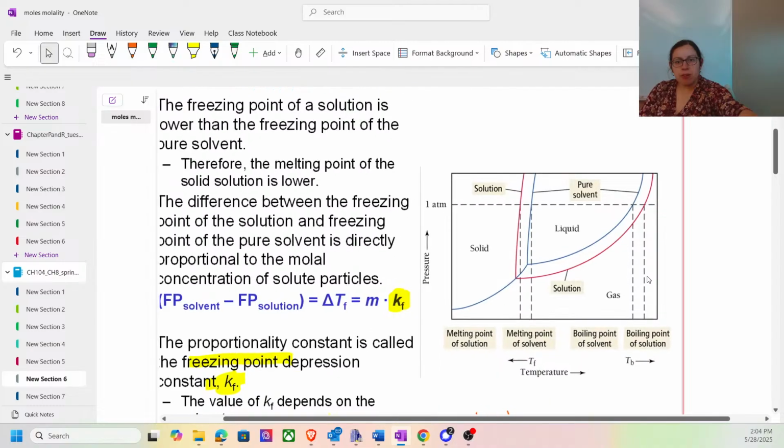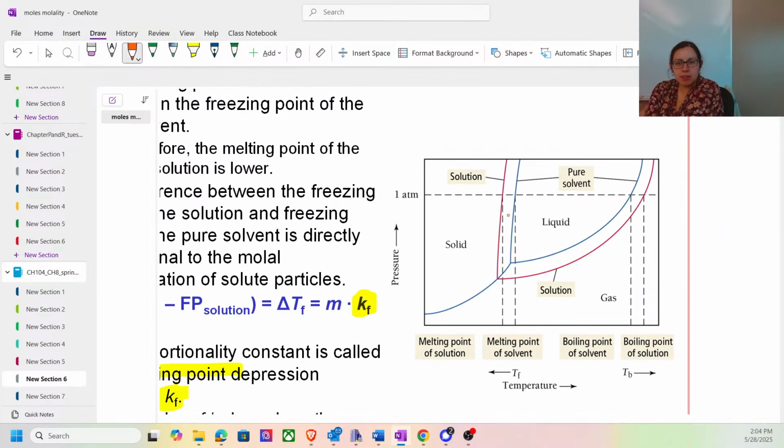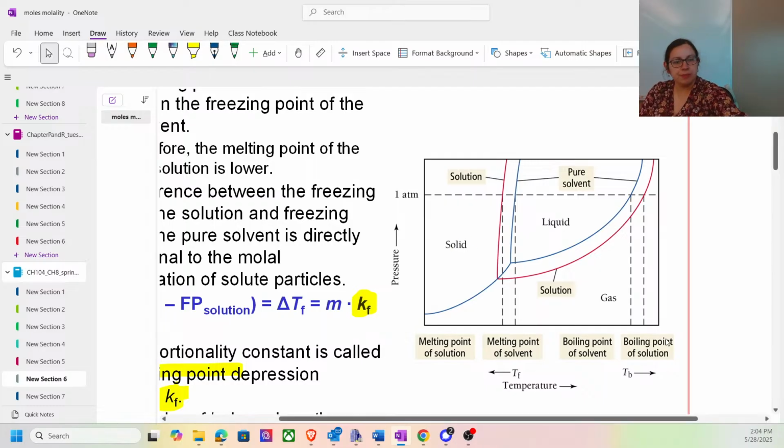And then what we want to appreciate is this curve here. We don't want to get too bogged down by it, but we're looking at our pure solvent, and right now at our solid-liquid line. If we have a solution with different particles, it disrupts those intermolecular forces. And so to freeze something, to get it to solid, we would have to get it to a lower temperature.